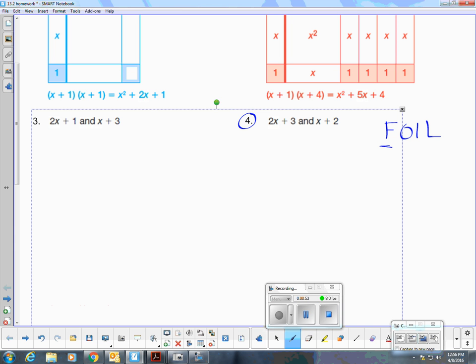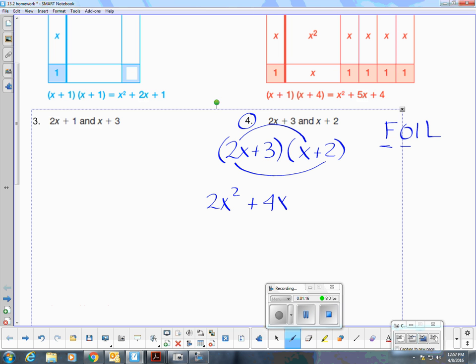So first of all, let's write this as the product of 2 binomials. So when I multiply my first 2 terms, 2x times x, I get 2x squared. O is outside terms, multiplying my outside terms, 4x.